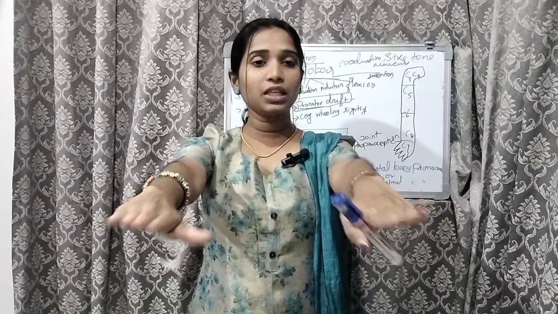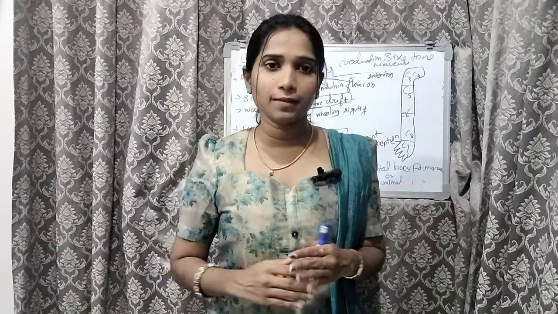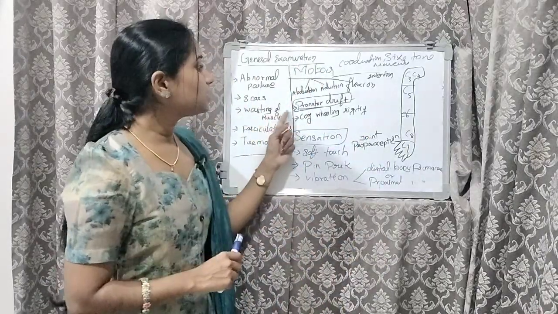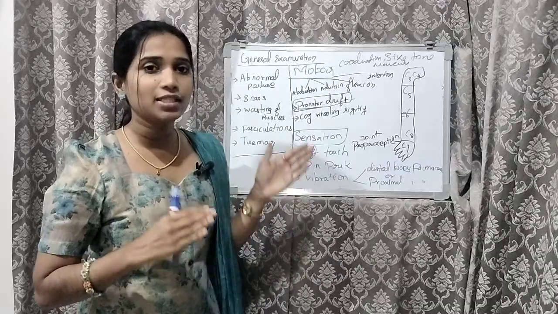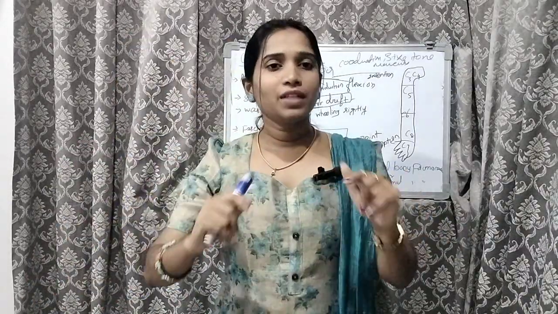After pronation, they have to keep the eyes closed and hold the hands in the pronation position for maybe 30 to 50 seconds, because you want to assess the coordination of the muscle. Clear? So first you have to assess the pronator drift. How are you assessing? With the pronation position of the hands.